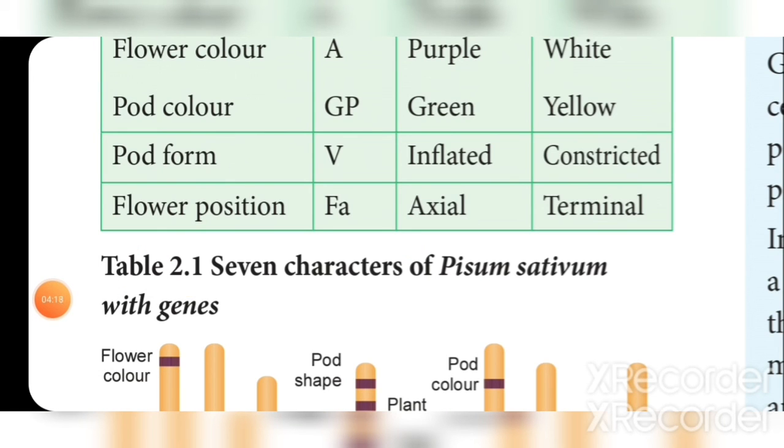The responsible gene for pod form is known as V, and the responsible gene for flower position is known as FA.